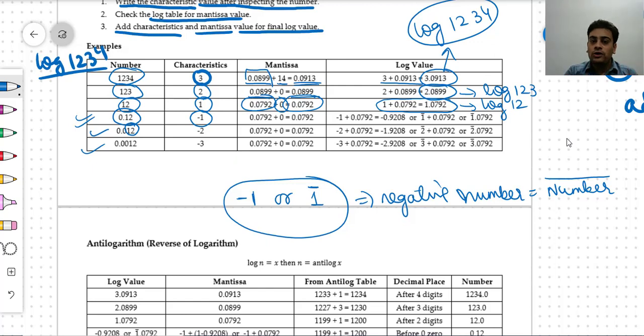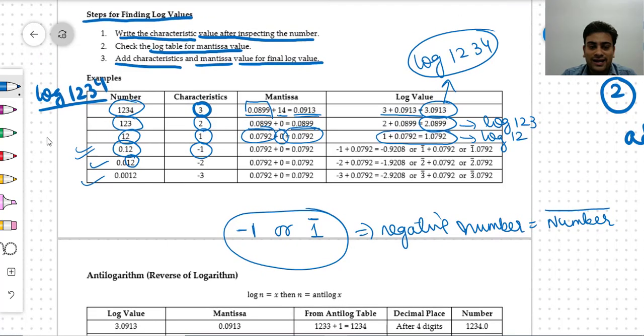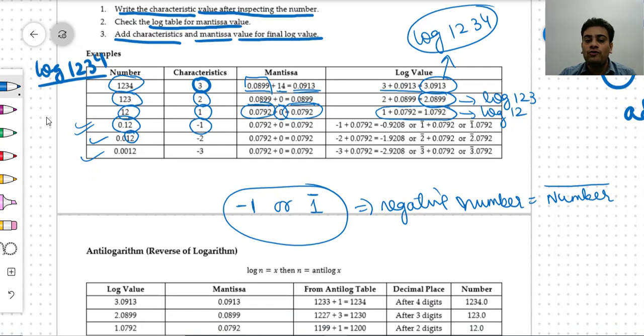You will only look at the Mantissa value for 12, not for 0012. You will only look at the numbers in the normal form, not in the decimal form. Clear? As we already saw, the Mantissa value for 12 is 0.0792. I have directly put it here because the number is ultimately the same.